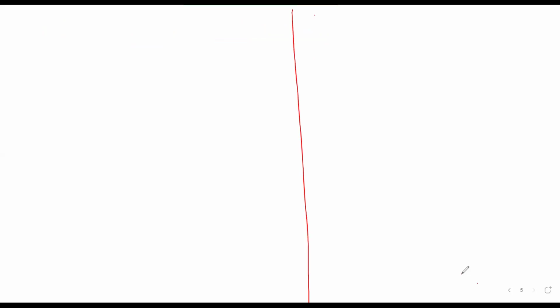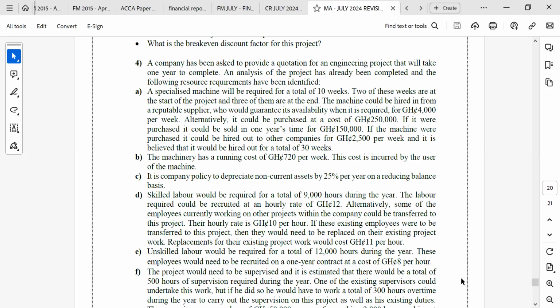So let's do some small workings here. If we are hiring this machine, we don't have the machine. So if you want to produce the contract, you have to go and hire.